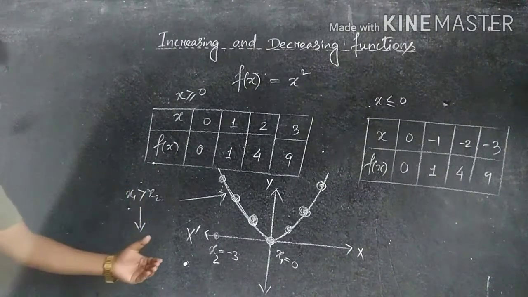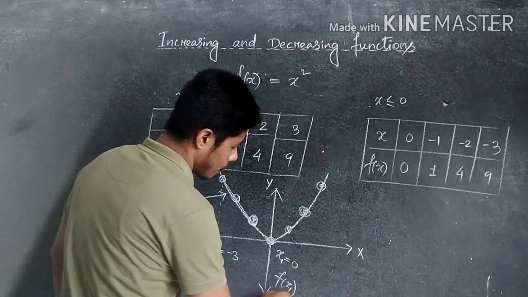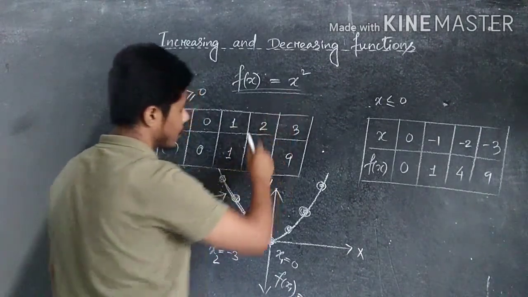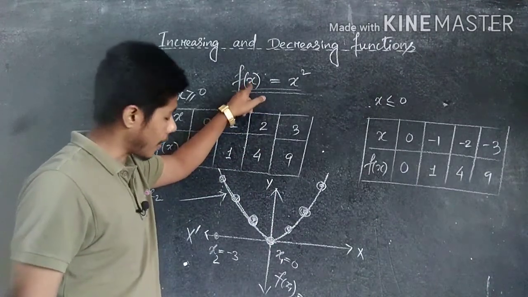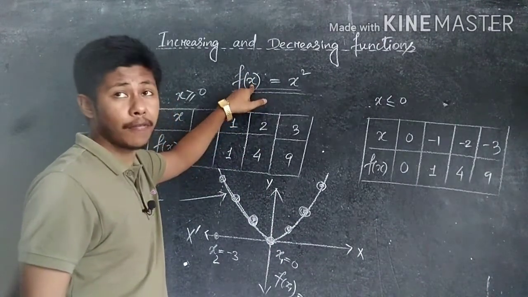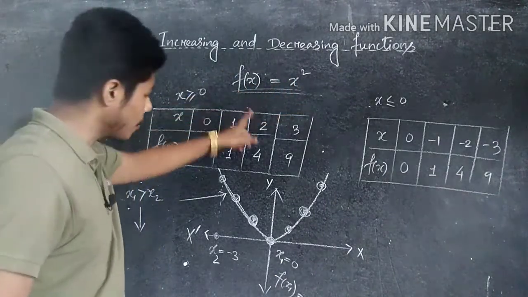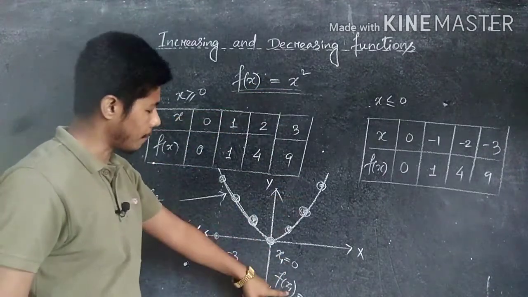Now at the same place if you see the value here f of x1, if you see here f(x) equal to x squared, a function given, so when in place of x we write x1, then this one we have to write x1 square, is not it? So now here if x1 value is 0, so f of x1 equal to what?